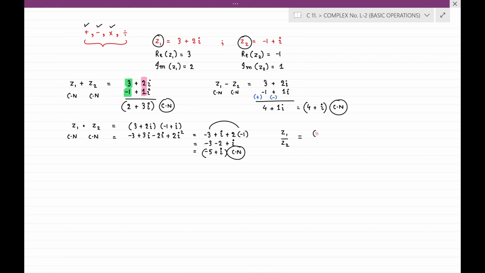Let us write down the first complex number in the numerator, 3 plus 2 iota, divided by minus 1 plus 1 iota. Now you have to rationalize this. When you rationalize this, you have to rationalize the denominator actually. So the sign must be changed, the middle part. Multiply by minus 1 minus iota in numerator and denominator.